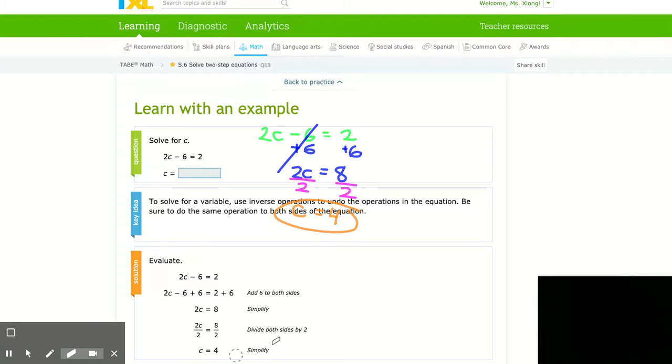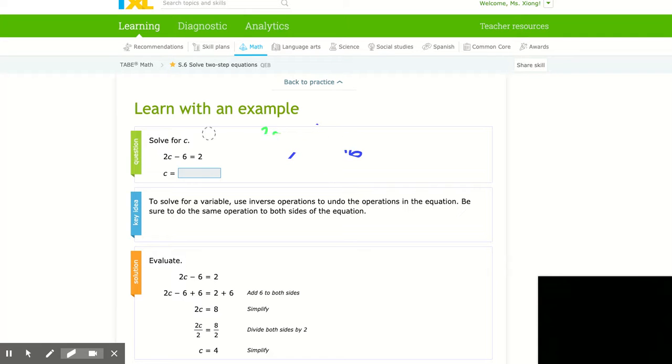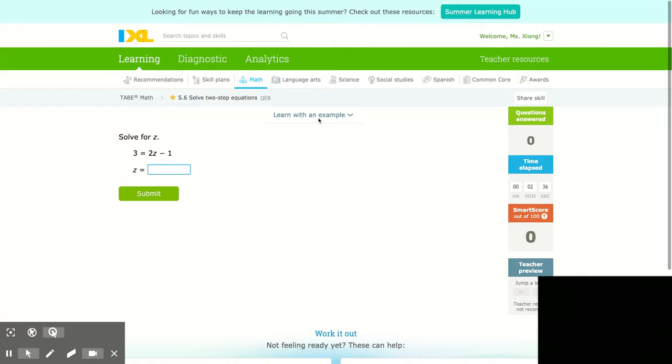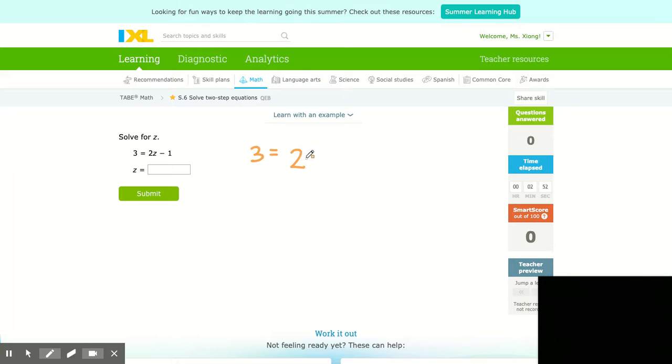All right, so this is pretty much just basic algebra. We're looking at isolating the variable, the letter, by itself. By doing that, you just use the opposite operation. So we have 3 equals 2z minus 1.